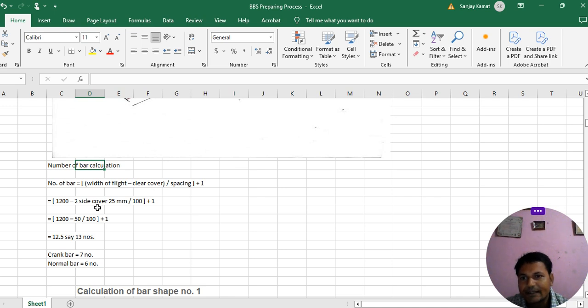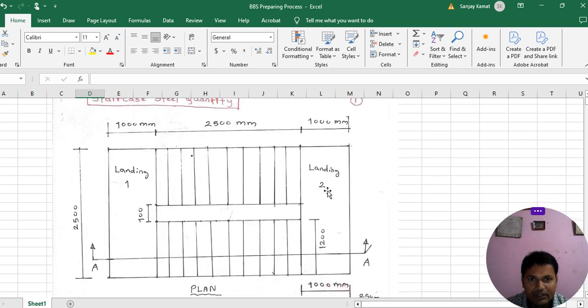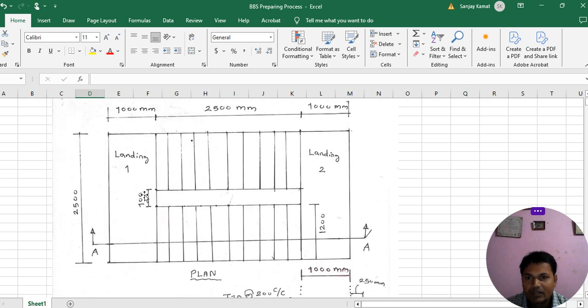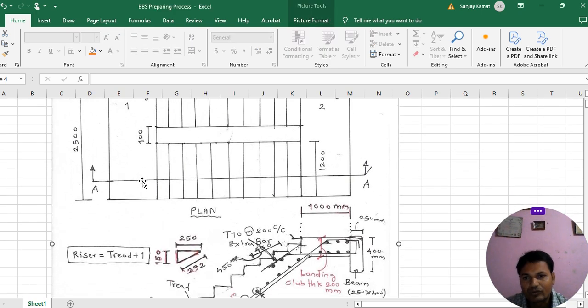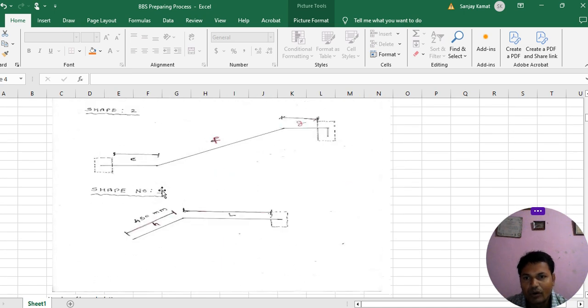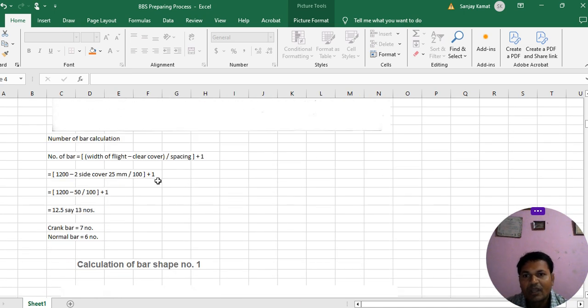Two side cover, 25 mm, divided by spacing. Spacing is how much? 100 mm. You can see that in between this landing and this landing it is 100 mm, as you can see here with the mouse cursor. So we keep this 100 here, and plus 1.